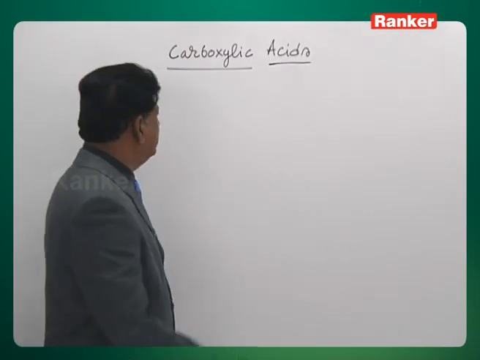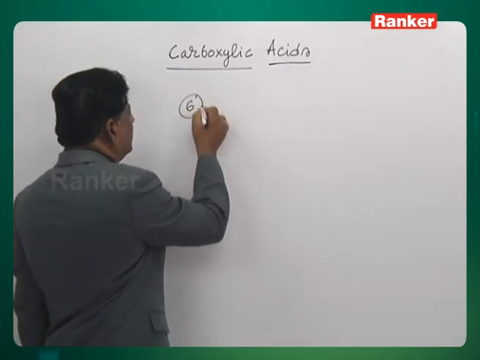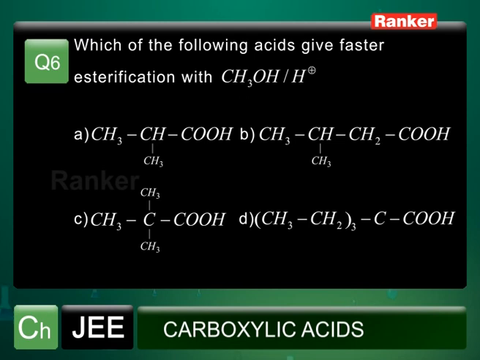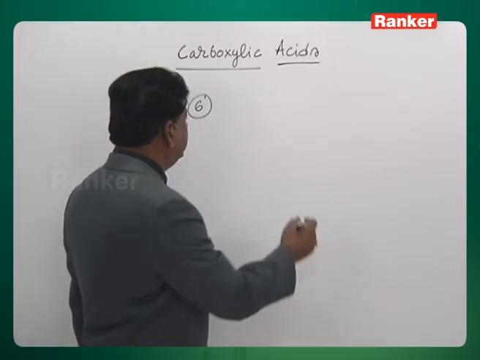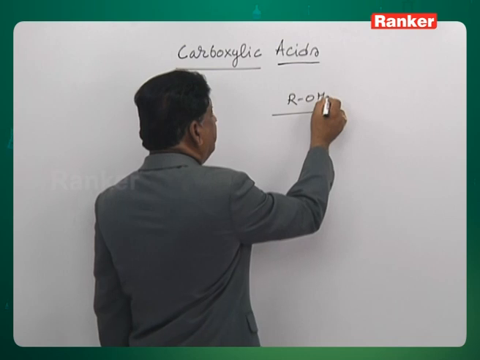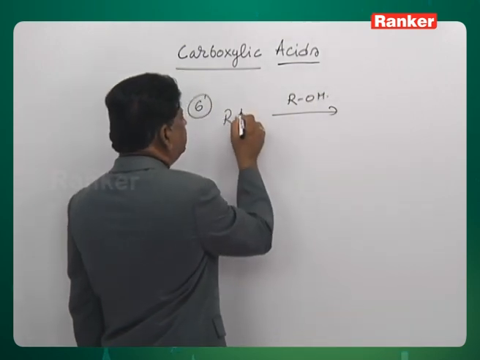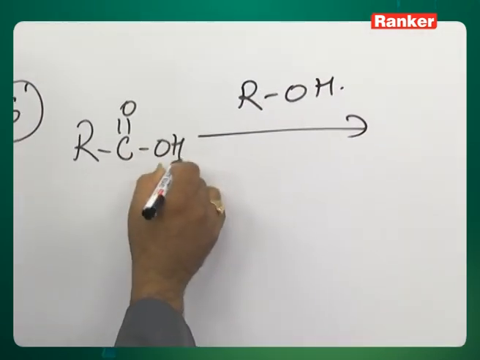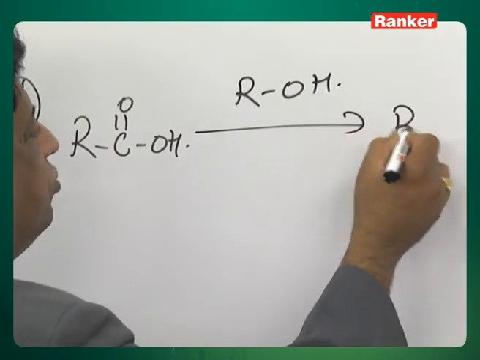Let us go for question number 6. In the 6th question, which of the following acids gives faster esterification with the given methyl alcohol? The alcohol is given as standard, but the acids are given as different carboxylic acids. A carboxylic acid reacts with this alcohol and gives the ester.